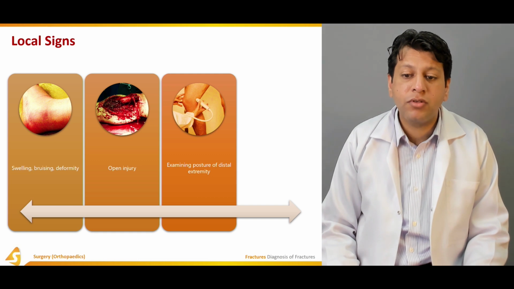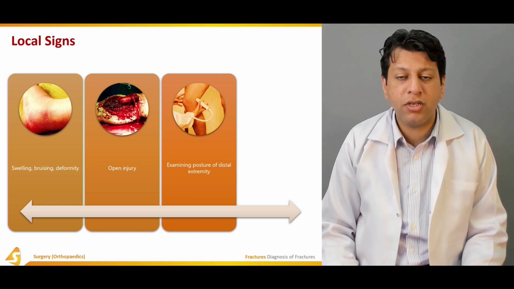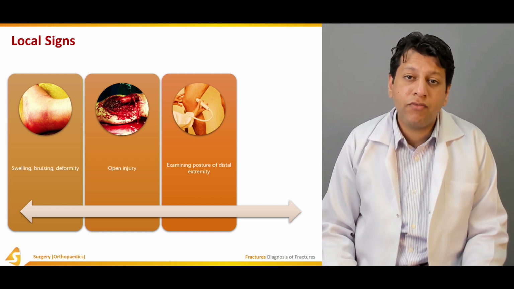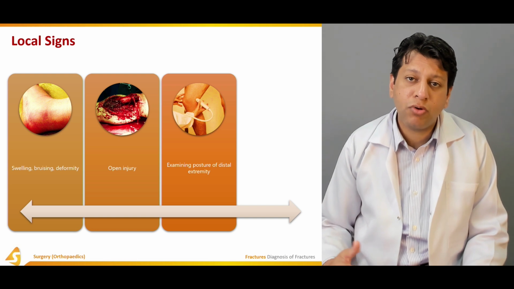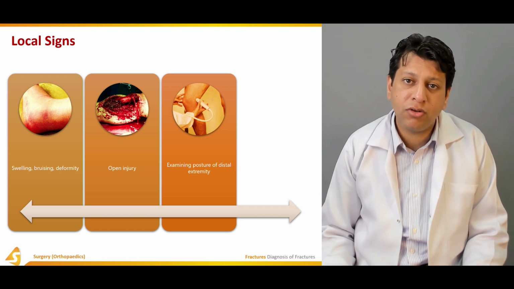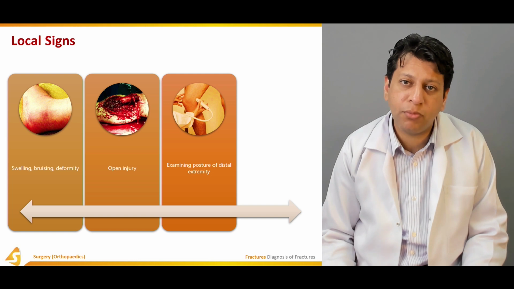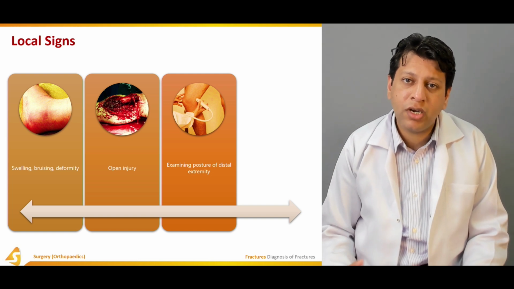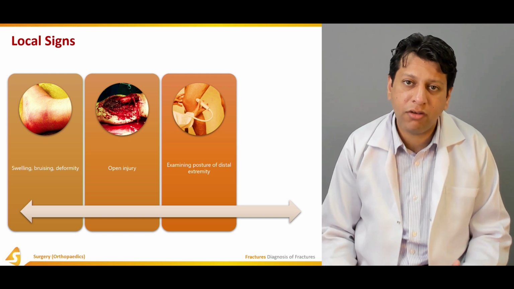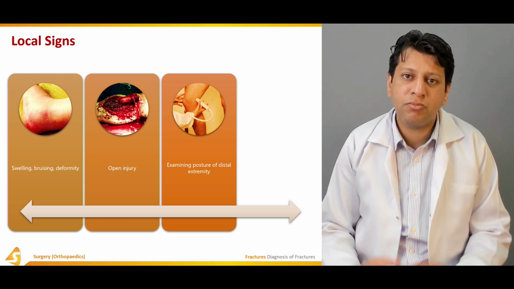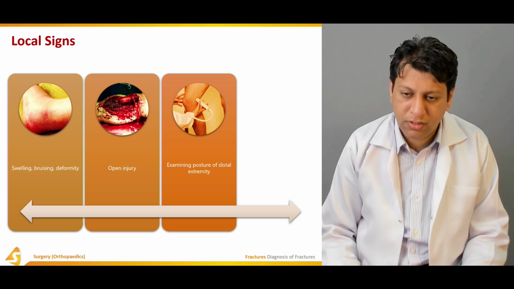Then examine the posture of the distal extremity as well, which is important. If this was a femur fracture, then we have to look at whether the lower limb is in a severely angulated position, which means there is definitely a fracture, because the patient is unable to bear weight, there is definite angulation, and there is massive swelling present as well.